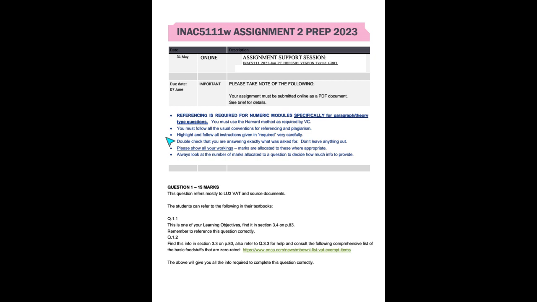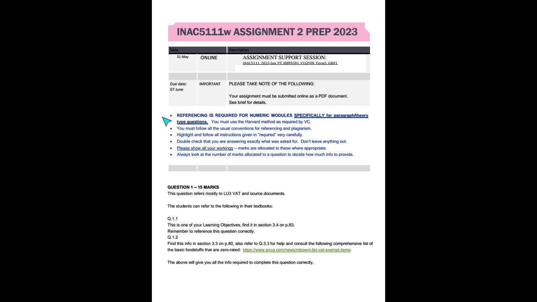Bullet points 3 and 4 go together and they really are important, which is why I put them right at the top of this document and spent some time on it, because honestly, students constantly lose marks just because of that. Then the next one: please show all of your workings.